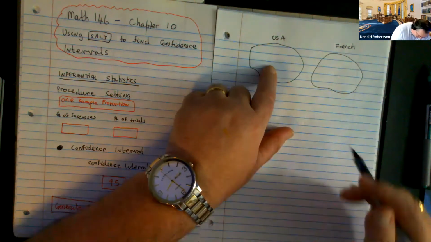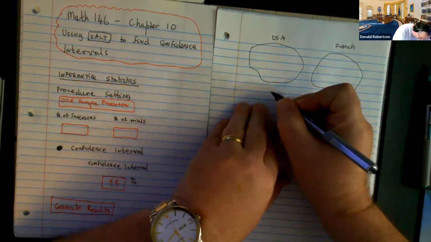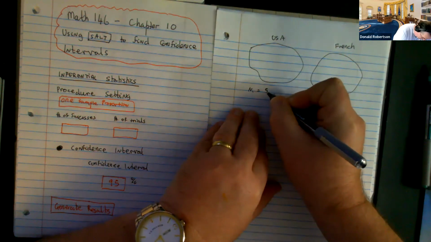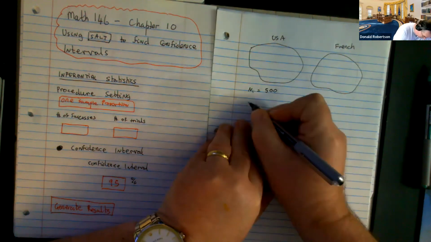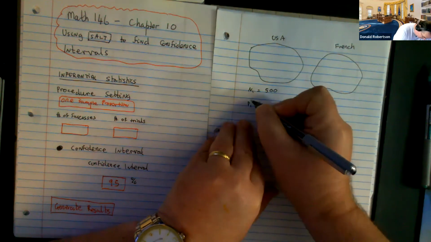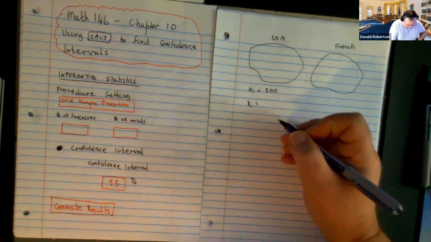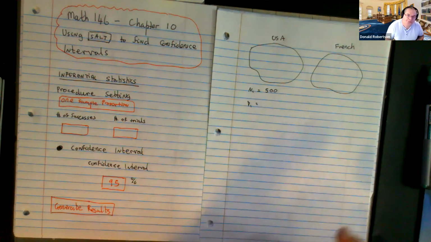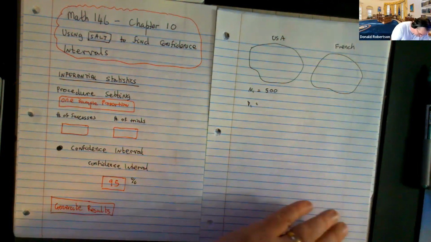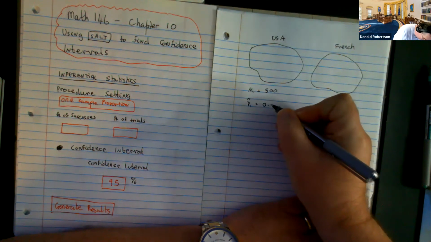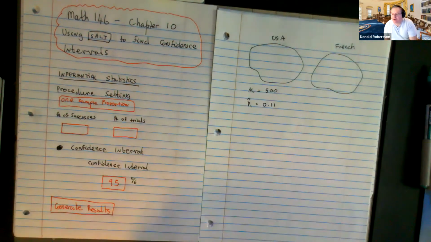In the Americans, they asked a sample of 500 Americans: how many of you have ever been to Italy? Unusual question, but we asked them. And the answer came out at 11%.